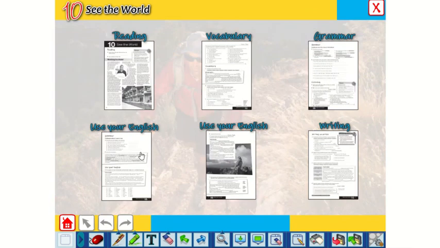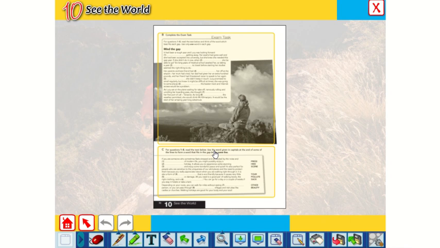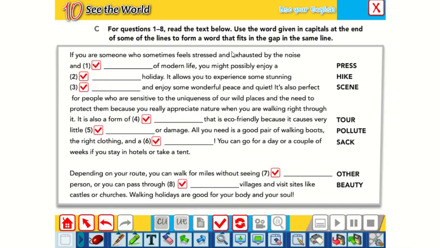Use Your English. Look at this page. Okay, we have exercise C. You have to do just exercise C. I don't want exercise B and exercise A in the Use Your English in the workbook. Just we need to do exercise C. Please do exercise C, okay, as homework.